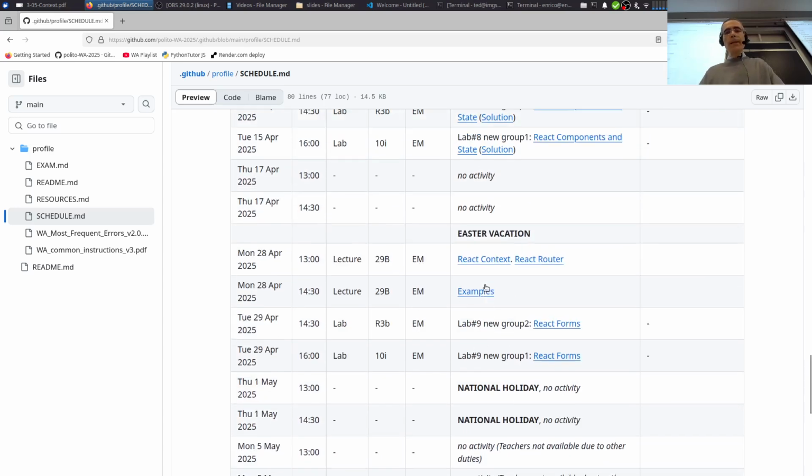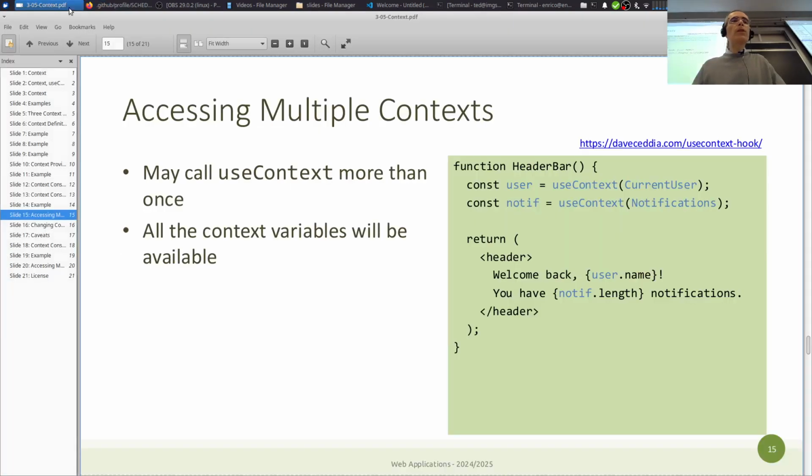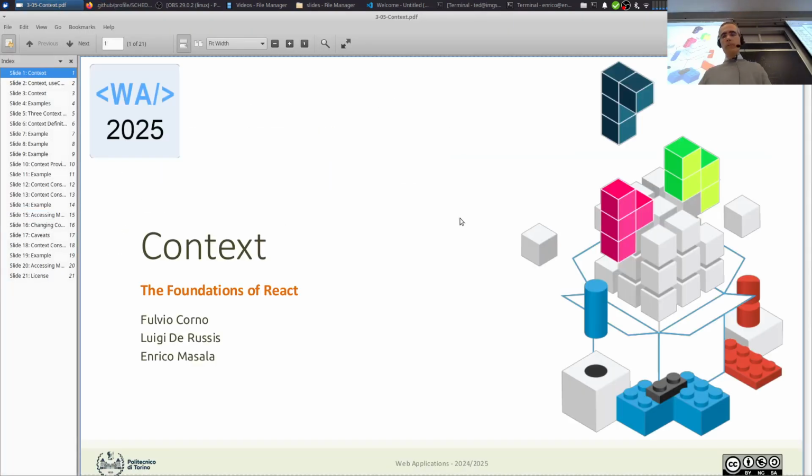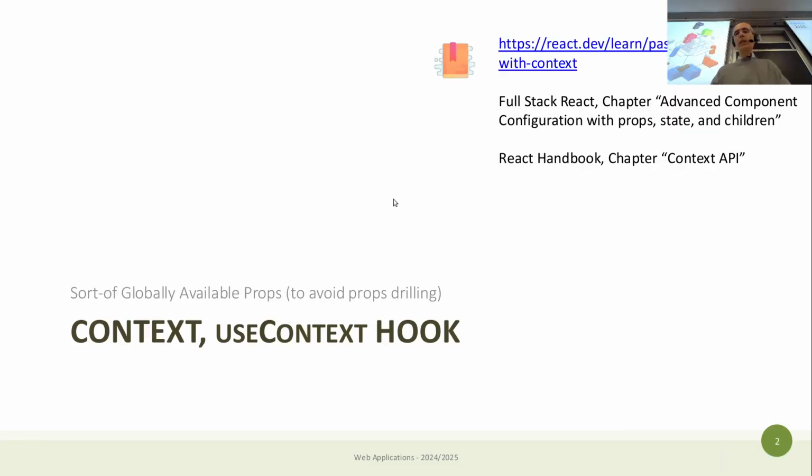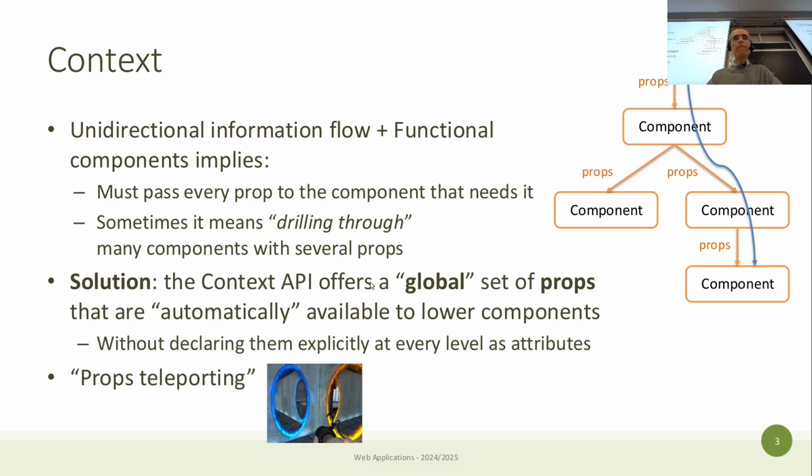Okay, so let's talk about the context. So, what's the context? What is it meant to help with? Actually, you know that in React we have this hierarchy of components. We have the element tree.